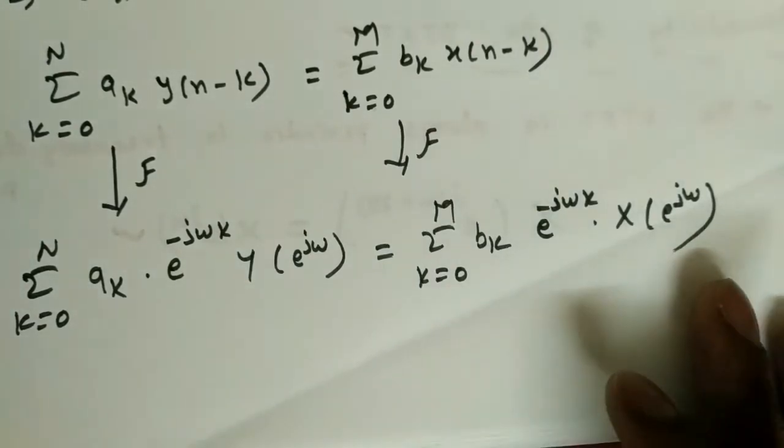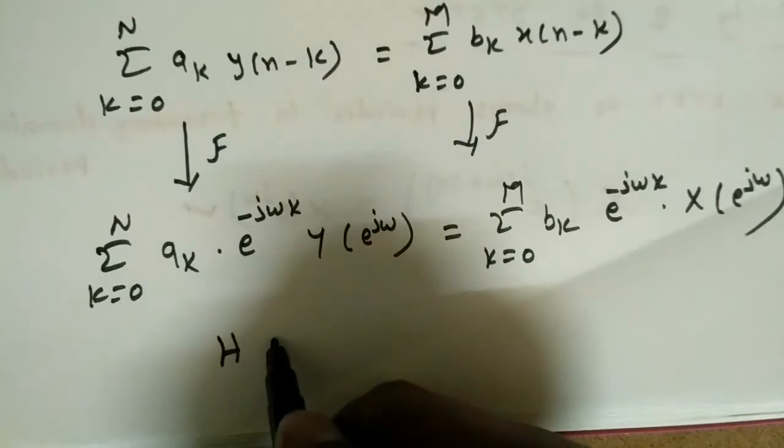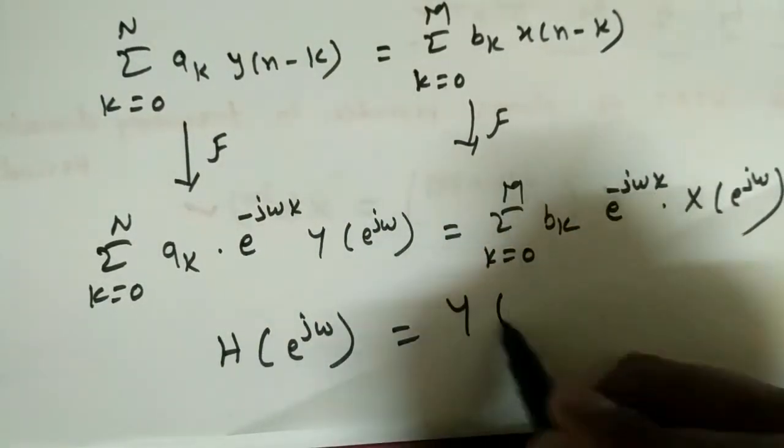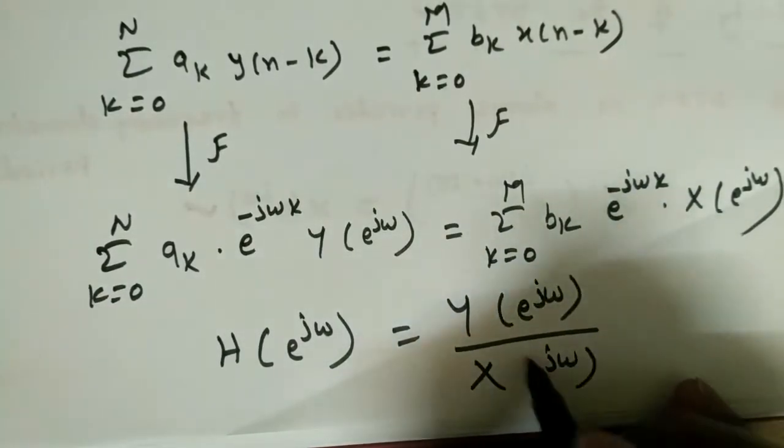We have just seen that the frequency response of the system is h of e power j omega, which is nothing but y of e power j omega by x of e power j omega.